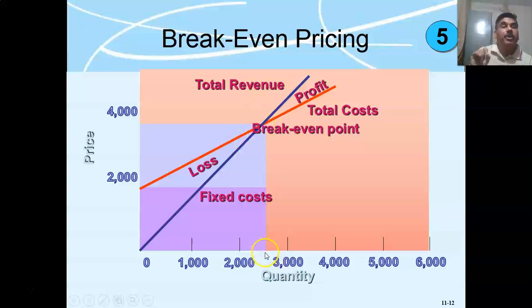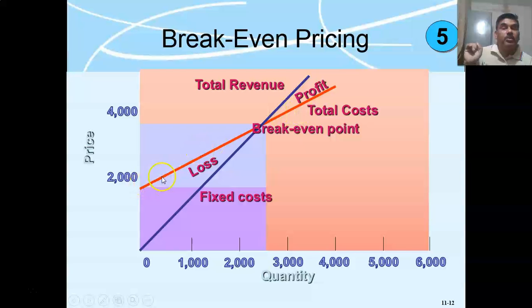If they produce less than that point, then there will be a loss, and if they produce more than that, then there will be profit, right? So this blue line is total revenue and this orange line is total cost.